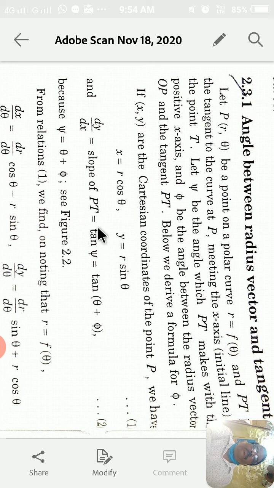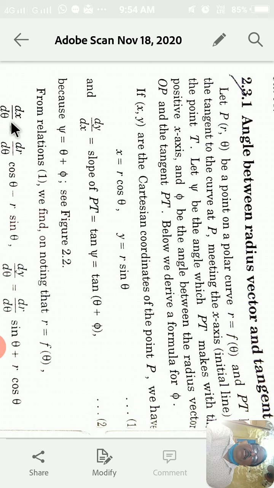Similarly, take y equal to r sin theta and differentiate with respect to theta. So dy by d theta is equal to sin theta as it is, times dr by d theta, plus r as it is, times the differentiation of sin theta, which is cos theta. Like that we obtain dy by d theta and dx by d theta.